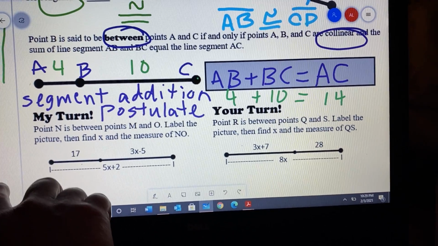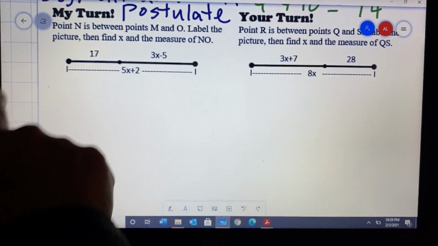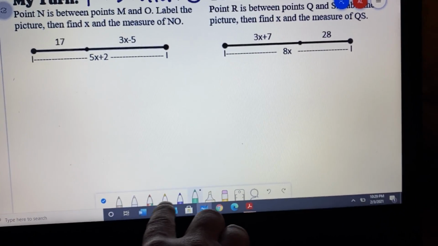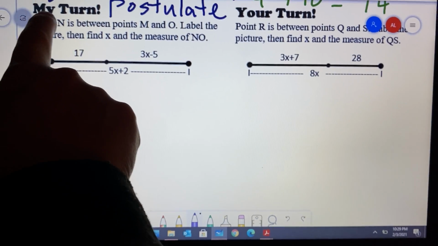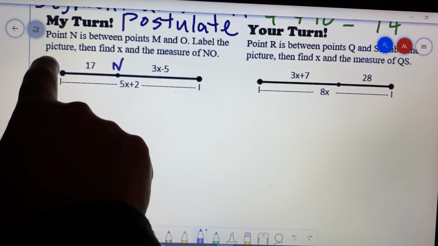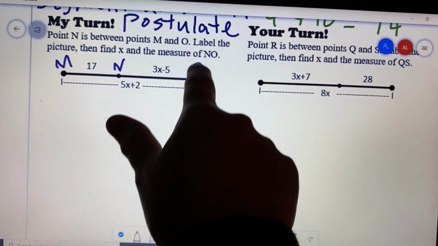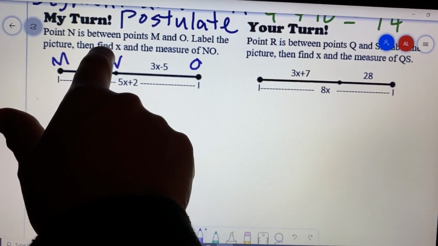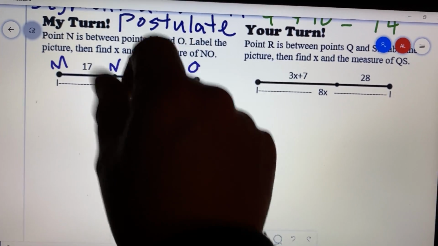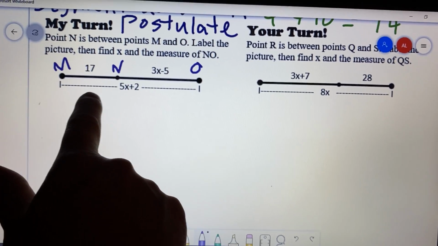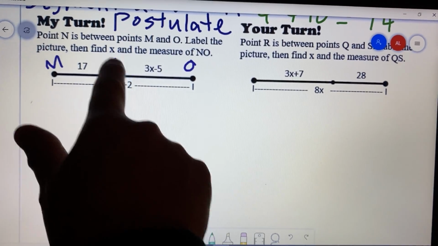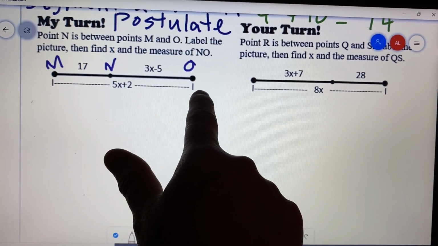All right, let's look at some examples of how we can use this. So for this one, first it tells us point N is between M and O. So that means N has got to be in the middle here, and we got M and O. They want us to find X, and then they want us to find the measure of NO. So using the segment addition postulate, we know that this little piece plus this little piece has to equal the whole piece.